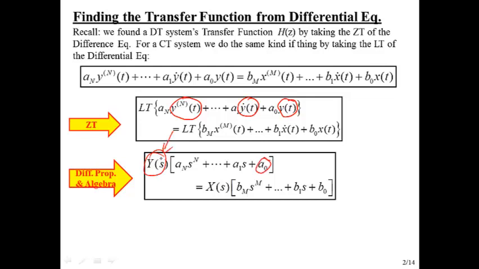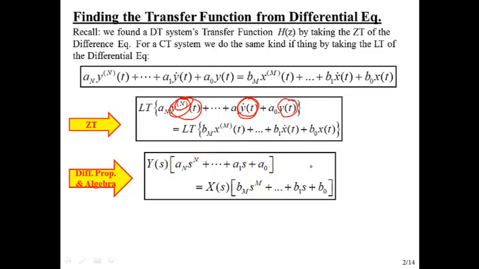I've factored out this Y(s). The Laplace transform of y dot of t, the first derivative, gives an s times Y(s), and I can pull the Y(s) out. All the way up to the nth order derivative, I'm going to get s^n times Y(s), and I can pull the Y(s) out. And then notice what I get: an nth order polynomial in s with all the coefficients out in front.